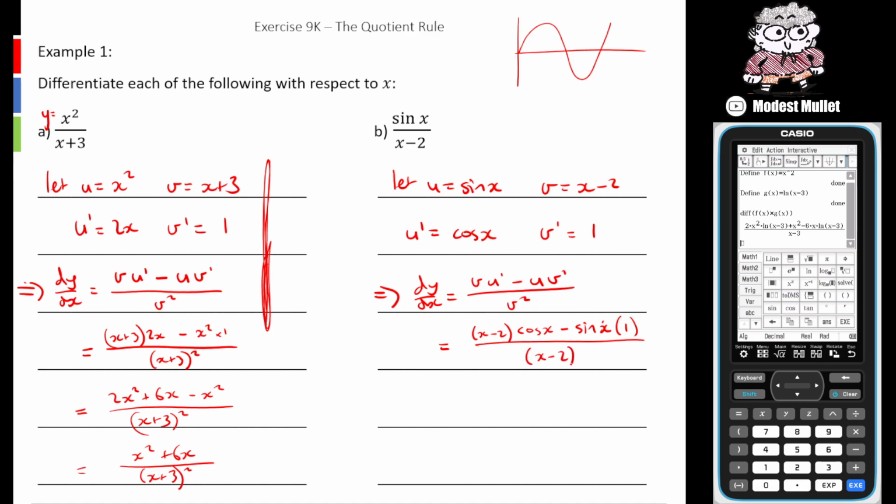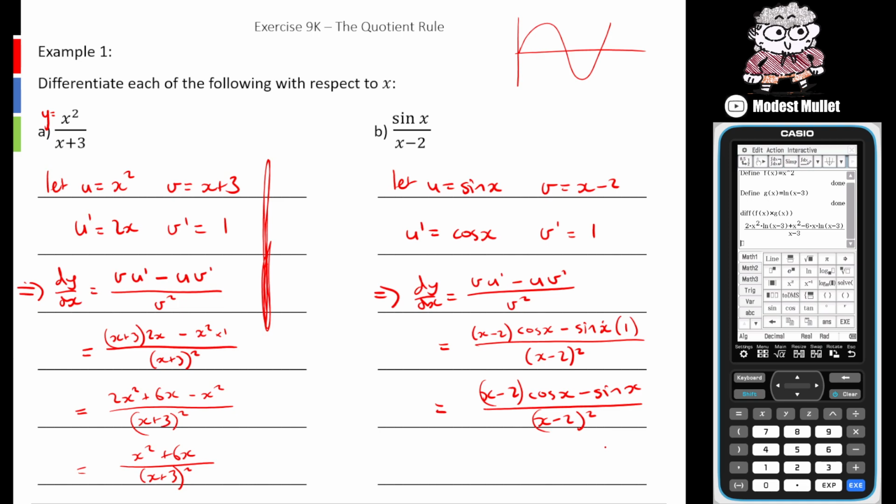So that's x minus 2 all squared. Let's just leave it as it's written: x minus 2 times cos x minus sine x, over x minus 2 all squared. And we'll leave it there. So those are quick examples using the quotient rule.